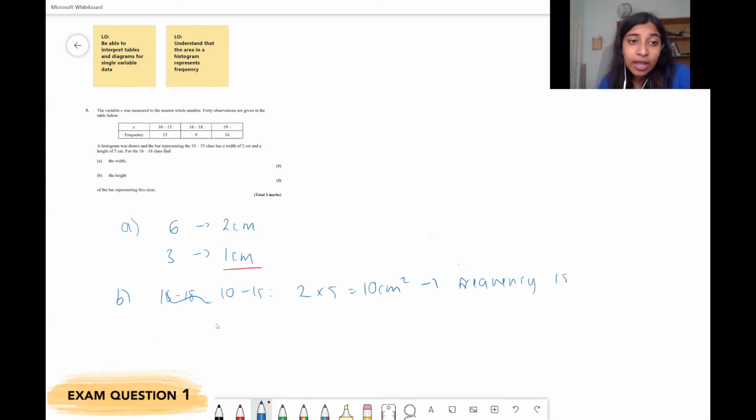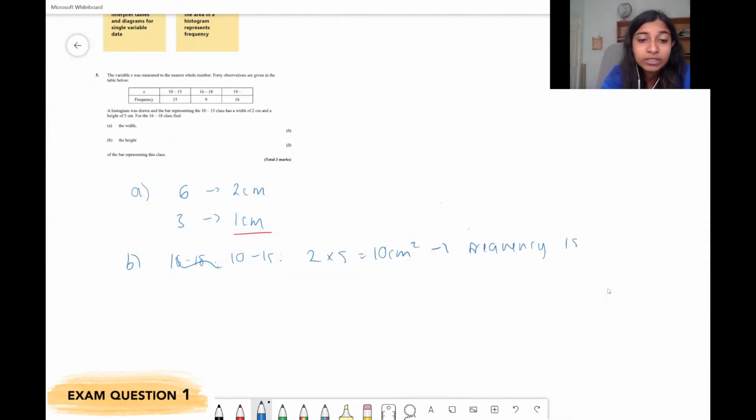If we know that 10 centimeters squared is represented by 15, we can work out what area represents a frequency of 1. We could do 10 over 15, which is just, we divide them both by 5, 2 over 3.